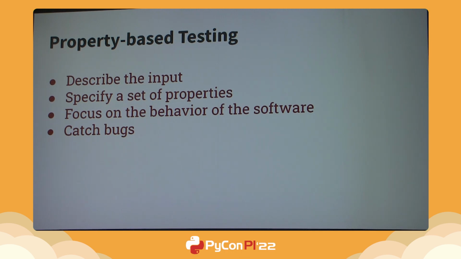And why does property-based testing matter? Because it allows us to focus on what is very relevant to our test. In the property-based approach, we are forced to think about our input in a more general way instead of coming up with examples. And we're forced to also think about what kinds of properties our software has.